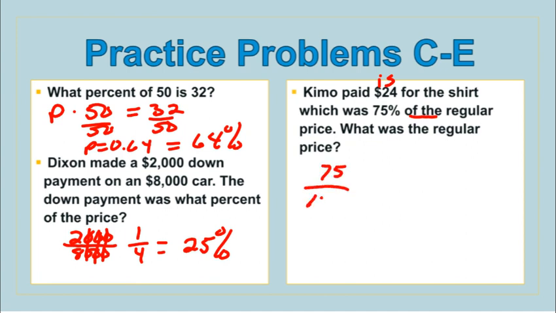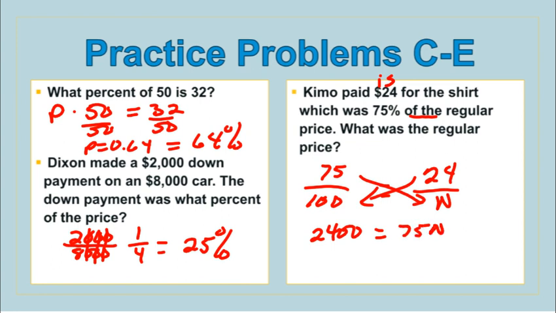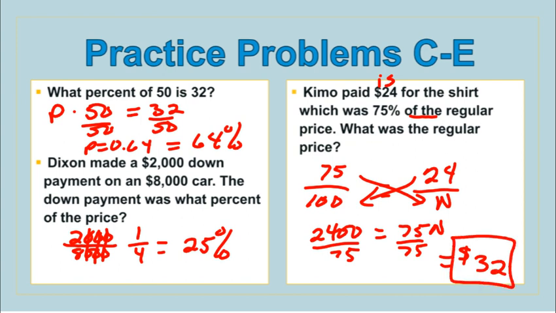So we have 75 over 100 equals is over the of, which is n. We're trying to find that one. So I can cross multiply, so we get 2,400 equals 75n. Divide by 75. 2,400 divided by 75 gives us an answer of $32. So $32 would be the original cost of the shirt.